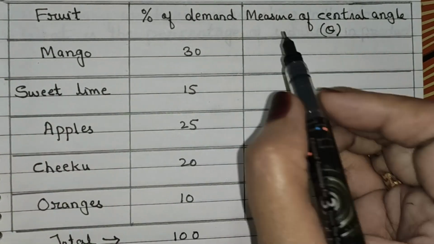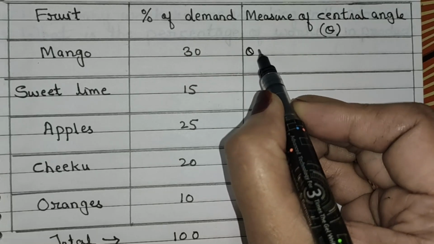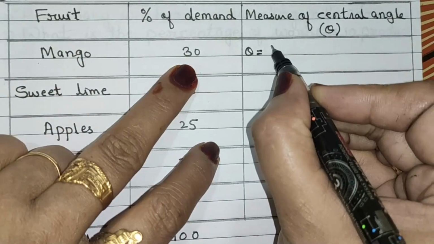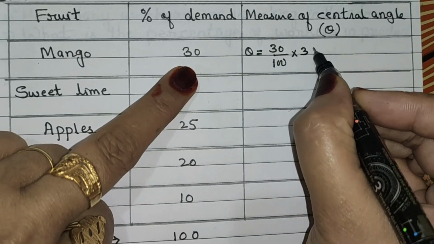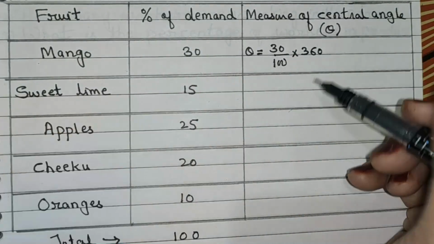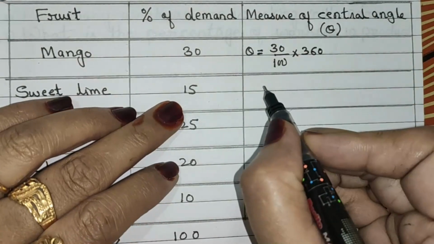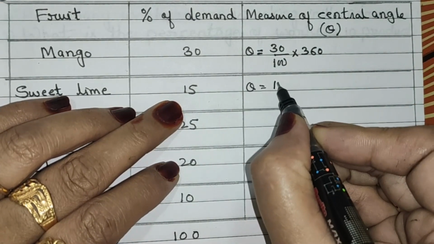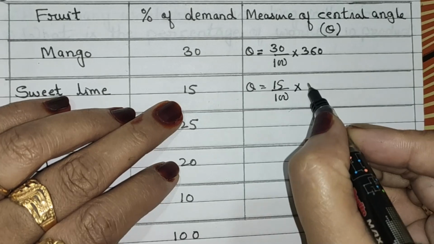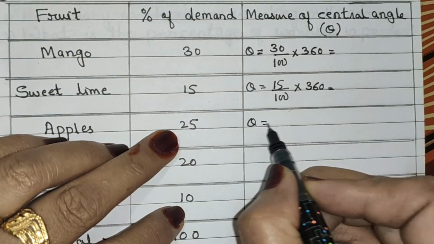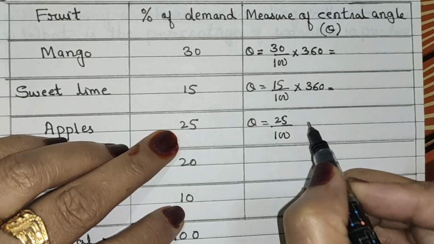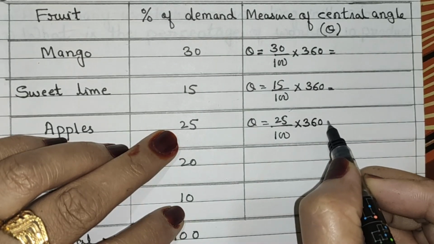Then find out the central angle of each component. Therefore theta is equal to 30 upon total number 100 multiplied by 360. Second one is 15 upon 100 multiplied by 360. Next one 25 upon 100 multiplied by 360.